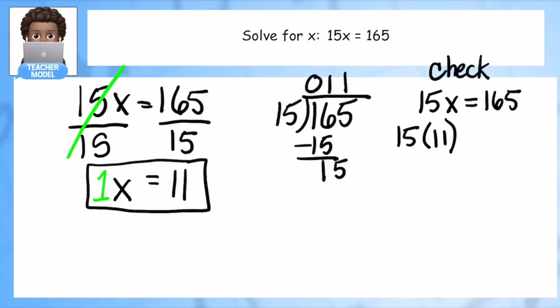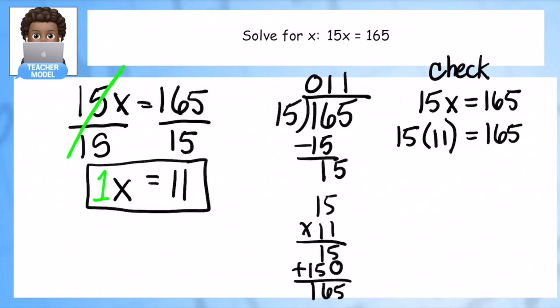We make very silly mistakes when we're doing a lot of math and math that we're used to. Is equal to 165. And now all we have to do is simplify. What is 15 times 11? 15 times 1 is 15. 15 times 1 is 15. Yep, 165. So 165 is equal to 165.